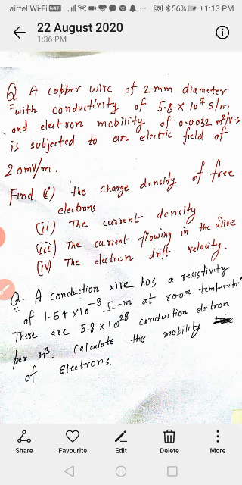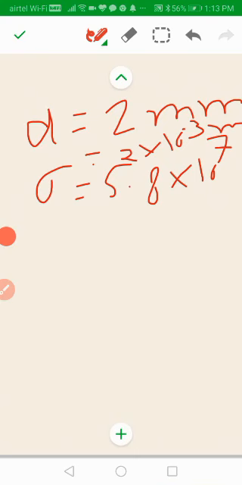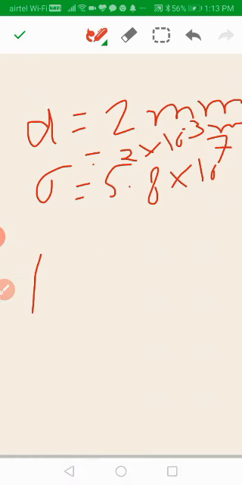Here MKS units are used, so we will write down the mobility mu equal to 0.0032.